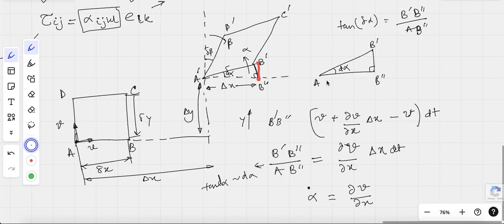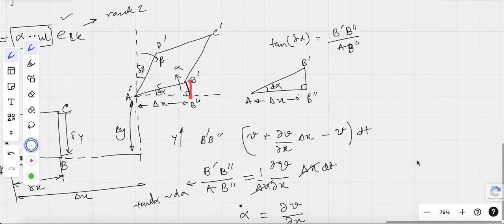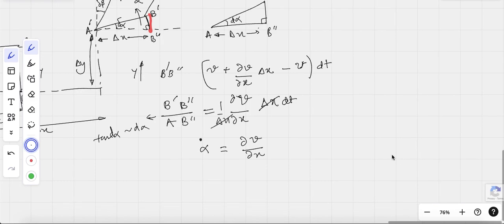Because AB is delta x, this term and delta x over here will get cancelled. Similarly, we can see that beta dot equals du by dy.